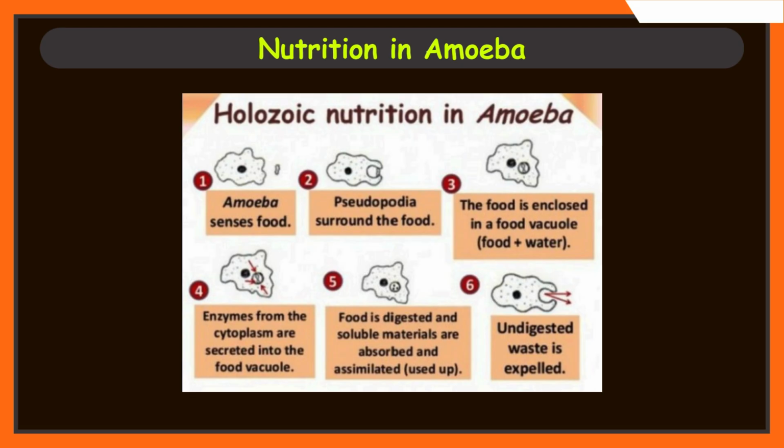The digested nutrients are then absorbed into the cytoplasm and utilized for energy, growth, and repair, assimilation. Finally, the undigested waste material is expelled outside the body by moving it to the surface and releasing it. This simple yet efficient process helps amoeba survive in its environment.